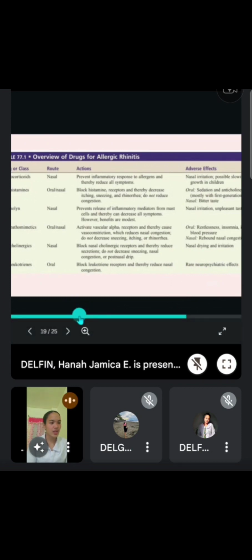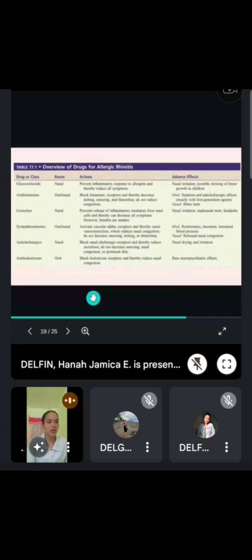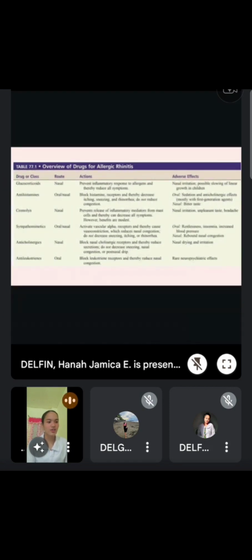The adverse effect is nasal drying and irritation. Lastly is leukotriene receptor antagonists. Route: oral. Action: block leukotriene receptors and thereby reduce nasal congestion. For the adverse effect, rare neuropsychiatric effects.